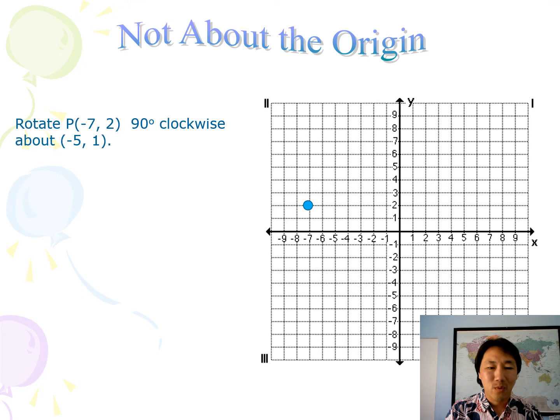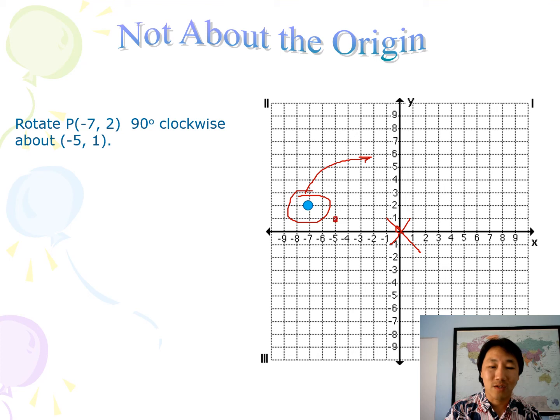Let's start off with point -7, 2. Here it is. And I want to rotate it clockwise 90 degrees, but instead of from 0, 0, no more, we're going to go around -5, 1.